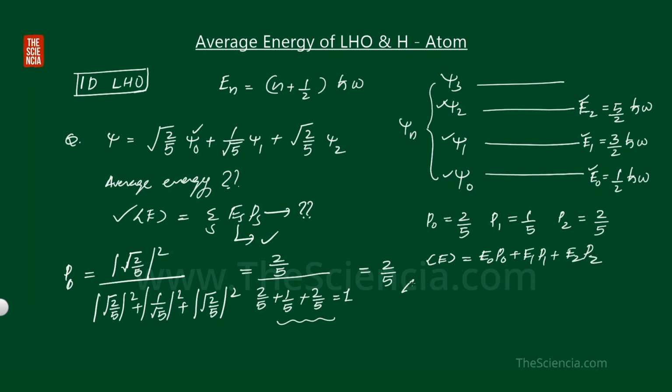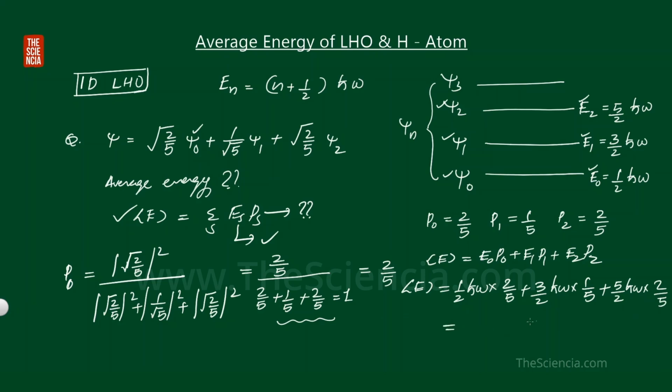That is, we know E0 is half h cross omega into P0 is 2 by 5, plus E1 is 3 by 2 h cross omega into P1 is 1 by 5, plus E2 is 5 by 2 h cross omega into P2 is 2 by 5.